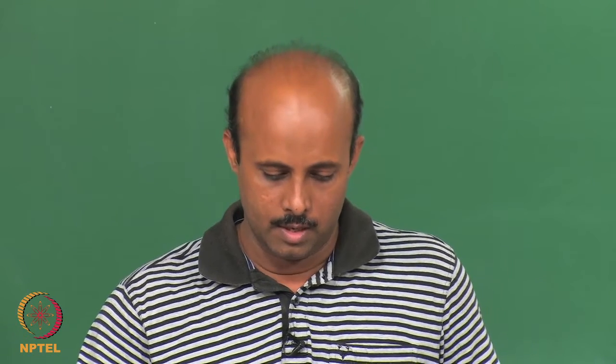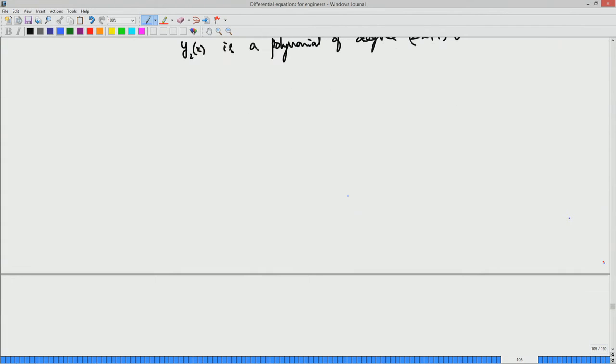Okay. So, we will see when n equal to 1, or rather n equal to 0. Let me start with n equal to 0. What is the solution? This is an even integer.